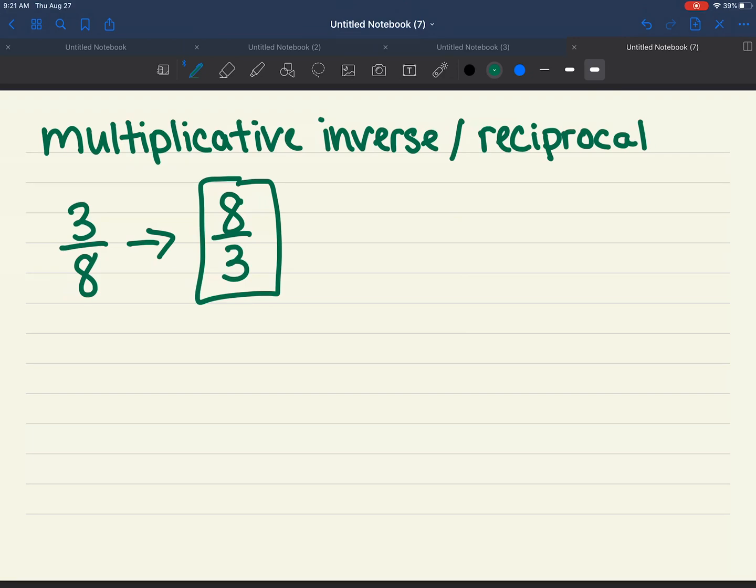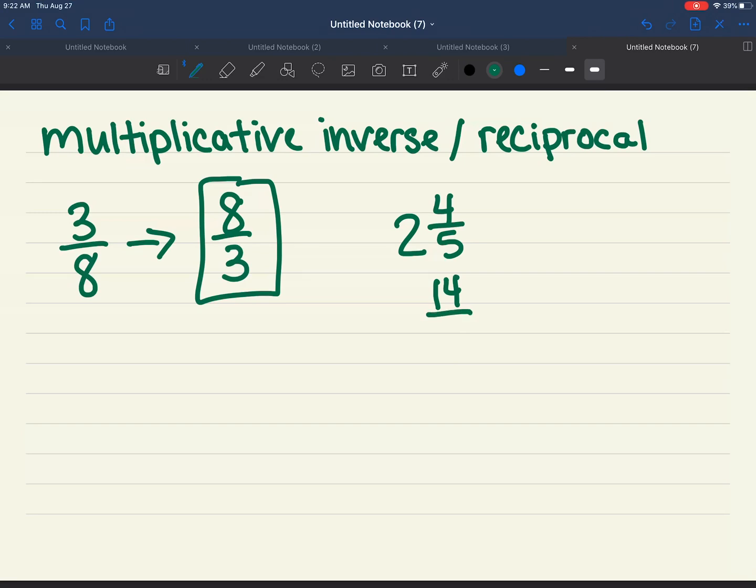Here's where you have to be careful. What if it gives you 2 4/5 and asks for the multiplicative inverse? Say it again, Rylan. Make an improper fraction. Yes, you need to make it improper first, okay? So we multiply down 2 times 5 to get 10, add 4, 14.